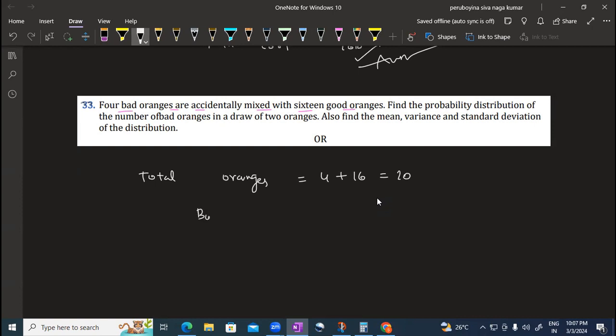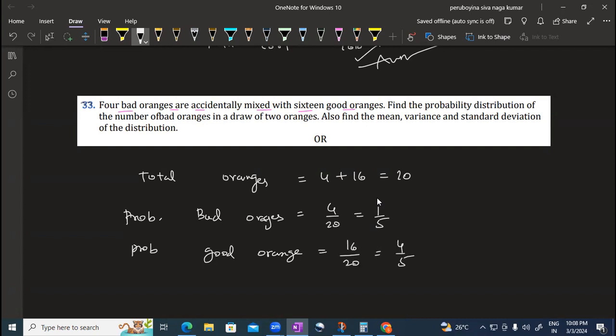So the probability of selecting a bad orange is equal to 4 out of 20, which is 1 by 5. The probability of selecting a good orange is 16 out of 20, which will be 4 by 5.